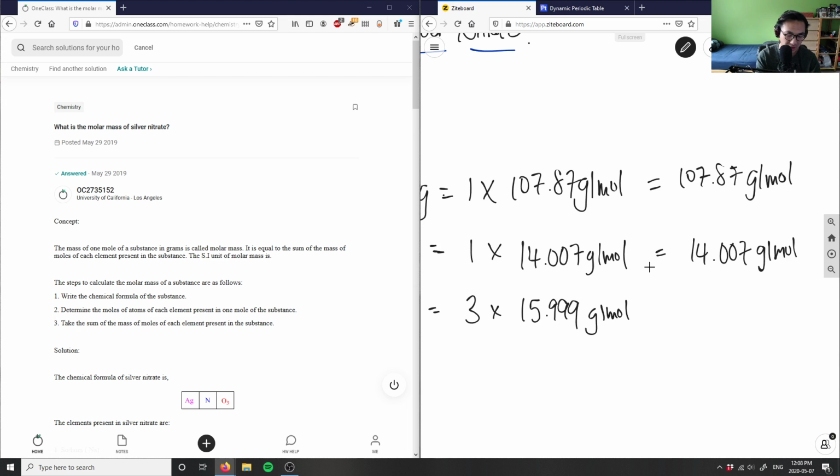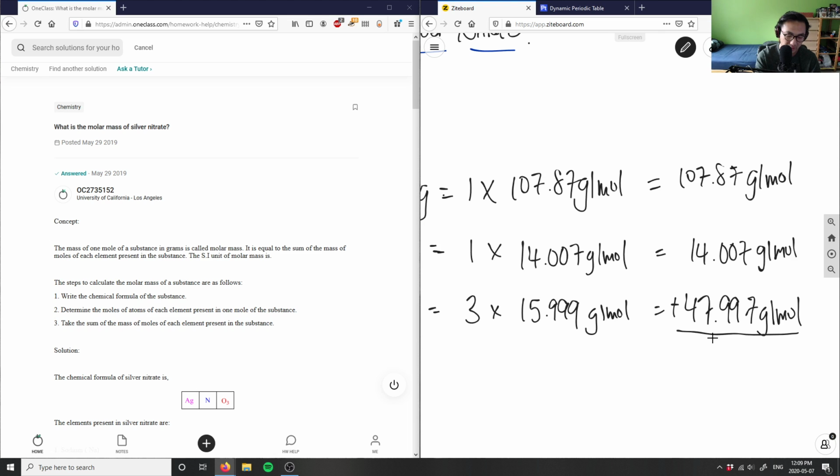So let me just use my calculator. 15.999 times 3 would get me 47.997 grams per mole. What we can now do is sum all of these up. So we add the molar mass of silver, the molar mass of nitrogen, and the molar mass of oxygen here.